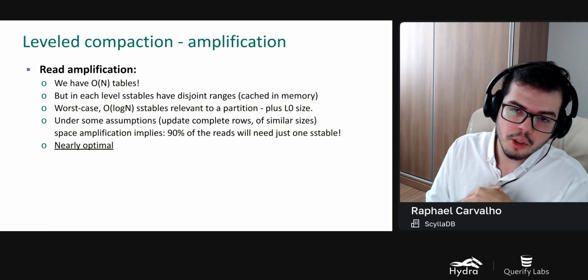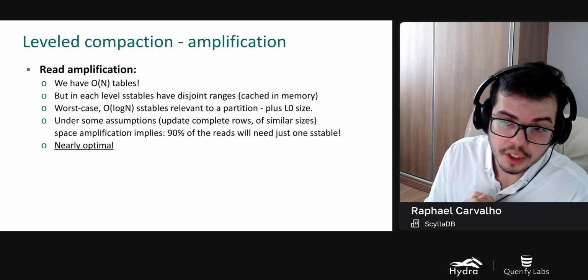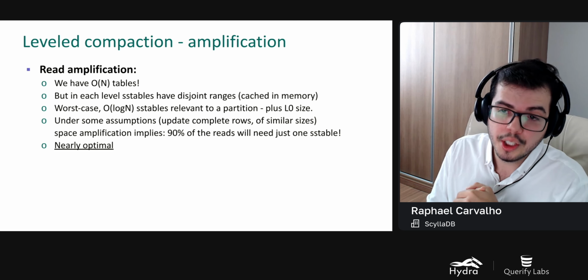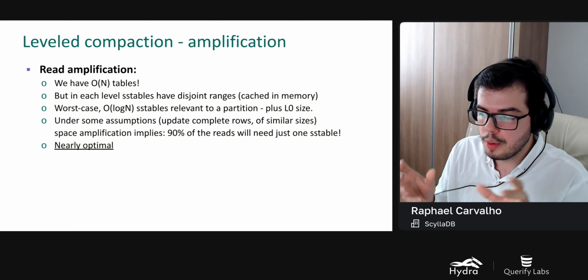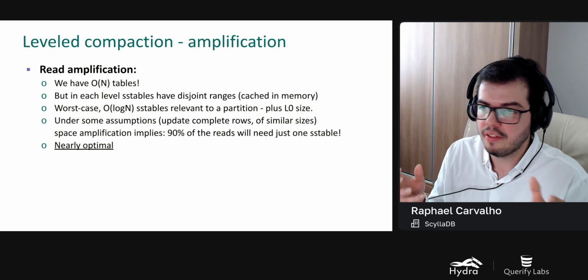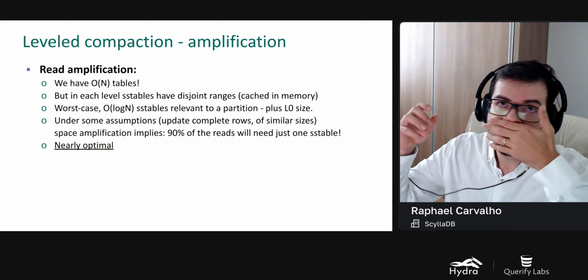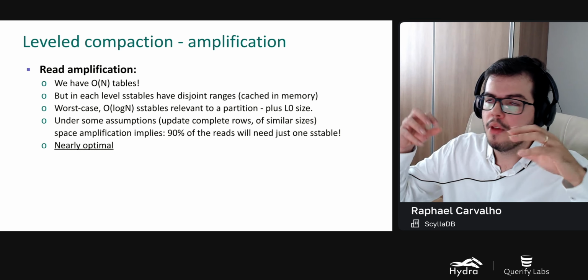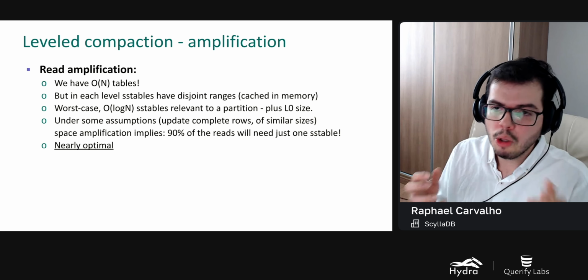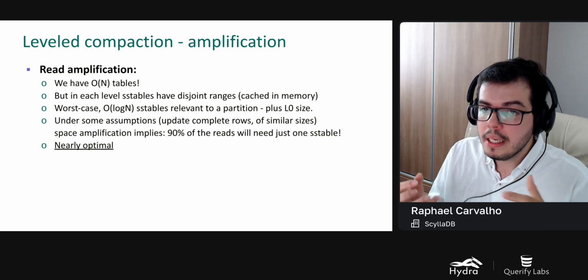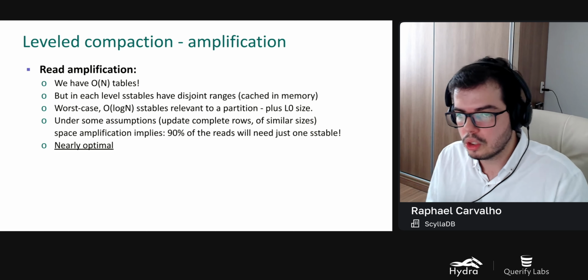So under some assumptions, we could say that 90% of the reads is going to just need to read one SSTable. The reasoning is that 90% of the data is in the highest level, and only 10% of the space is wasted. But that's only under some assumptions.